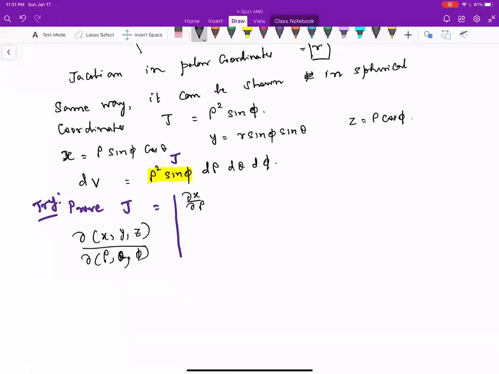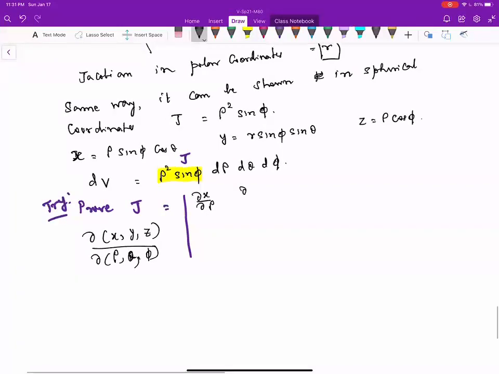You can write that as a 3 by 3 determinant: dou x by dou rho, dou x by dou theta, dou x by dou phi.